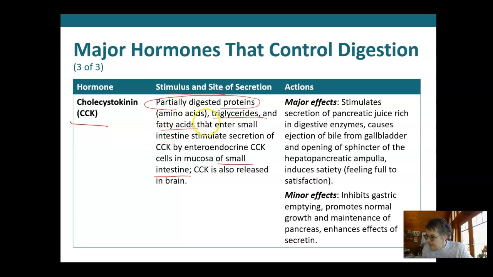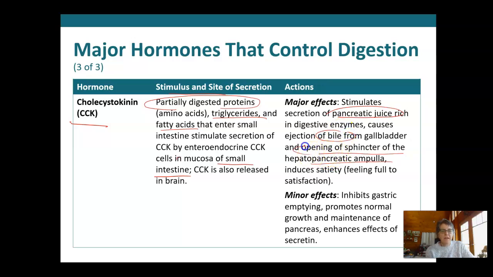There's a couple things going on with cholecystokinin, CCK. So the first thing is that CCK is going to say, hey, let in the pancreatic juice and bile.